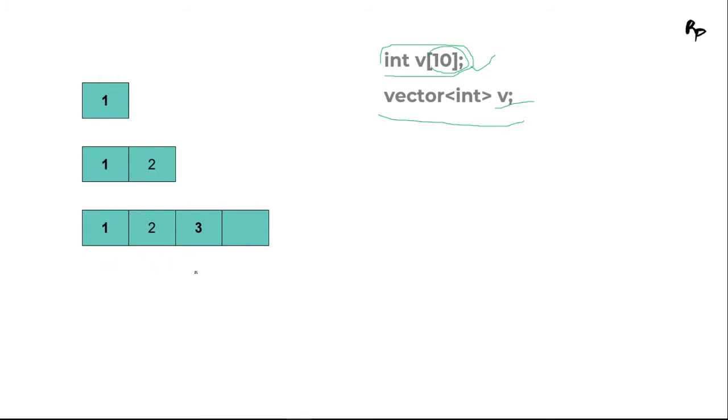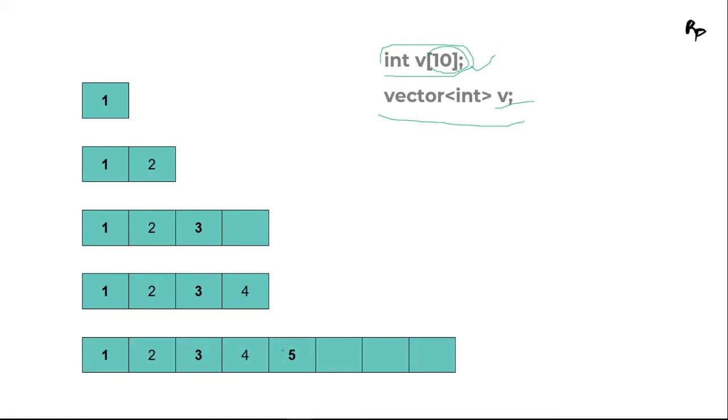So the size of this vector is actually 3, but the capacity of the vector is 4. If I insert one more element, the capacity doesn't grow. But if I insert one more element, that is 5, its capacity again doubles. So basically, whenever the capacity of the vector comes to an end, it doubles its size. You don't need to handle this; the vector handles it internally.